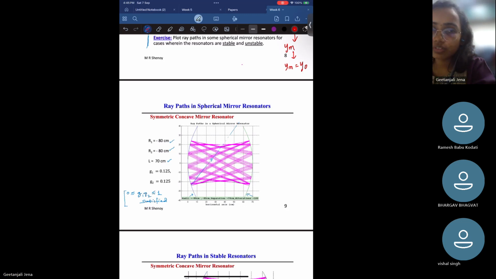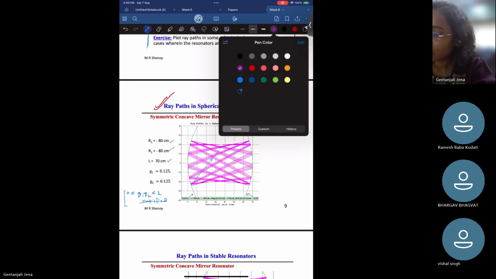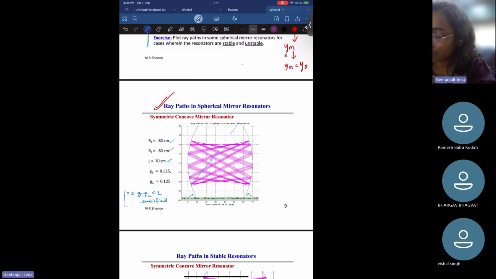So we'll see the ray paths in a spherical mirror resonator. This is the case for a mirror where R1 is minus 80 centimeter and R2 is minus 80 centimeter. So these are two symmetric concave mirrors separated by a distance L equal to 70 centimeter.